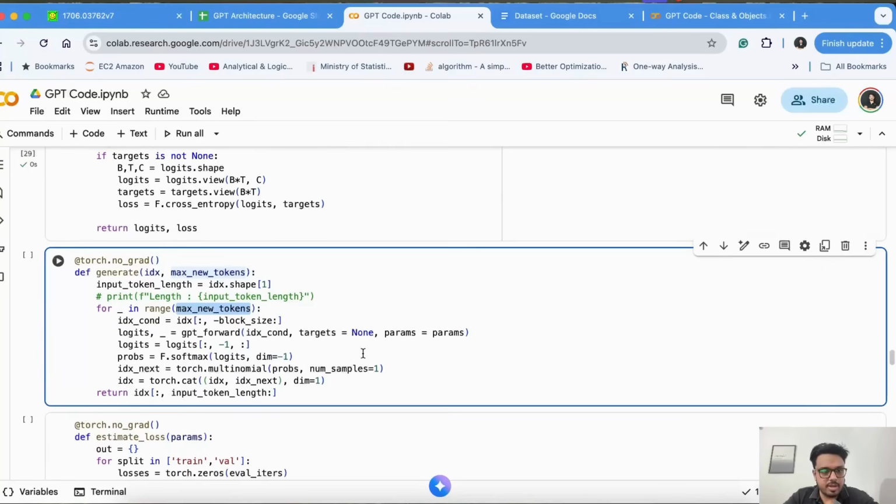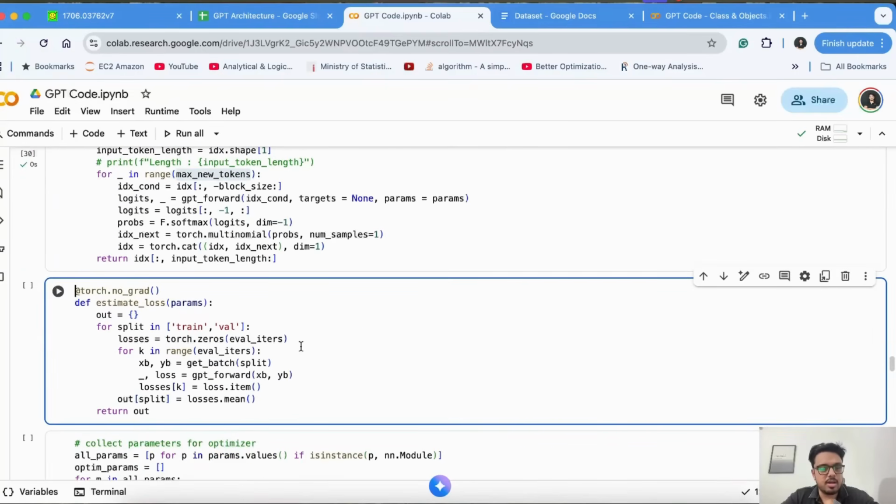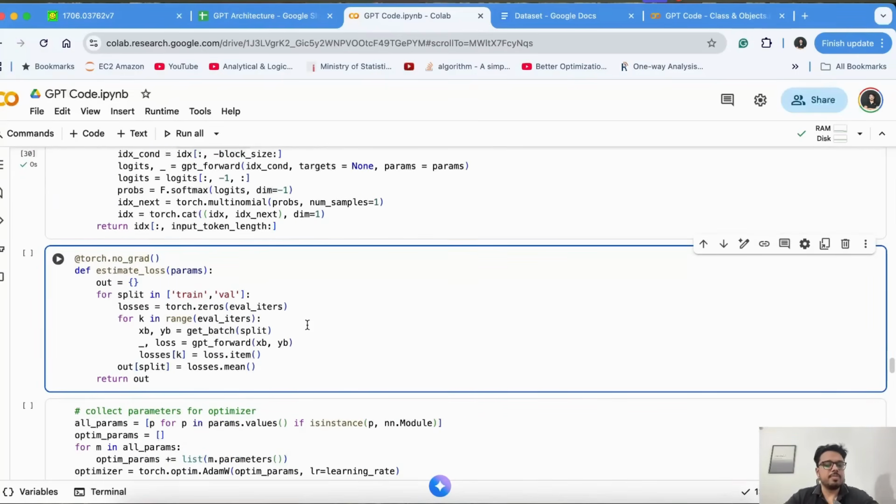So let me just quickly run this. Estimate loss is something that we are going to use for calculating the training and validation loss at different intervals. Eval iters here is the total number of iterations, or total number of samples, on which we will be running the loss estimation to calculate the training and the validation loss.